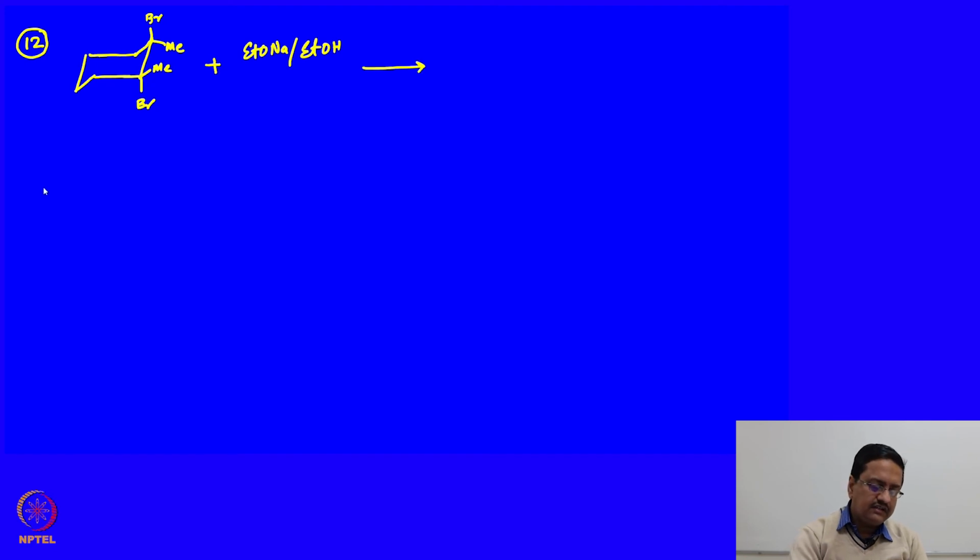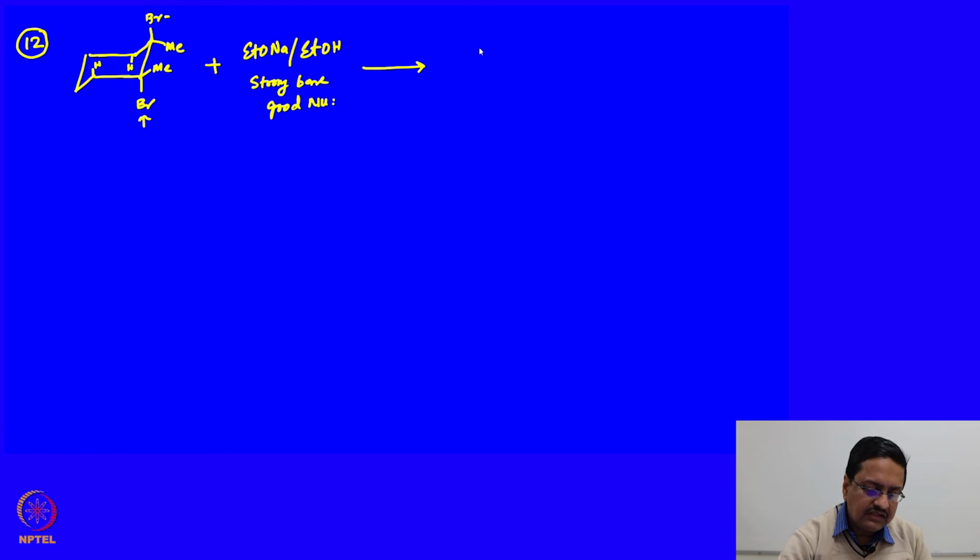What we see here is that for this bromine, we have one proton there which is in anti-periplanar arrangement, and for that bromine we have a proton which is in the anti-periplanar arrangement, and these two are easily removable with the strong base, which is also a good nucleophile.